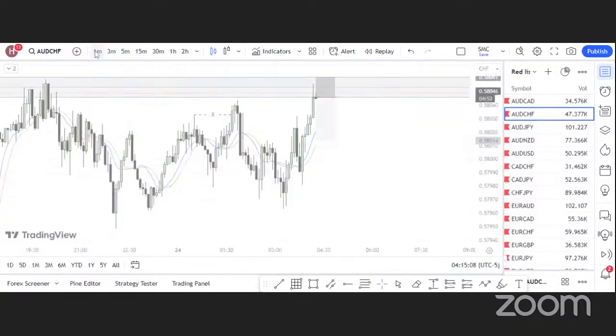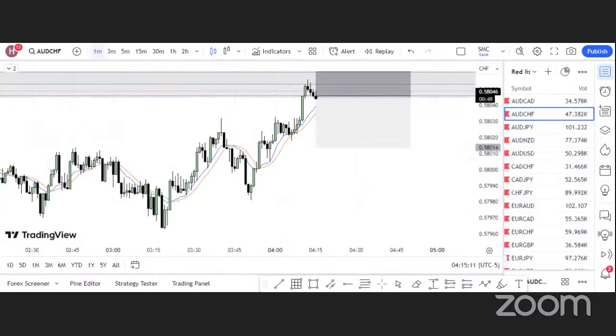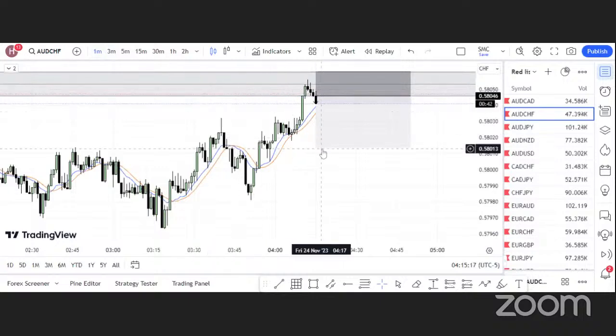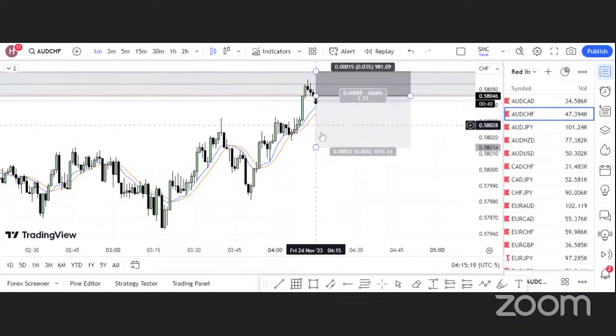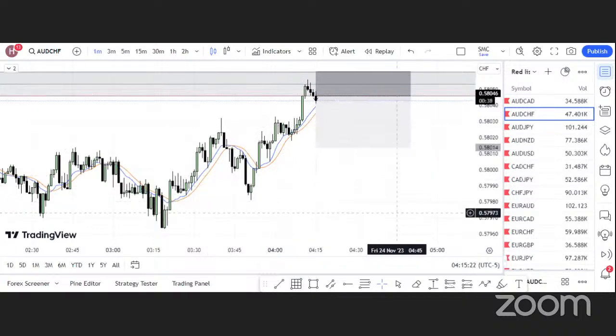Let's go back to a 1 minute time frame. Let's wait for confirmation on the 1 minute. Once this closes below, then we take our sell.